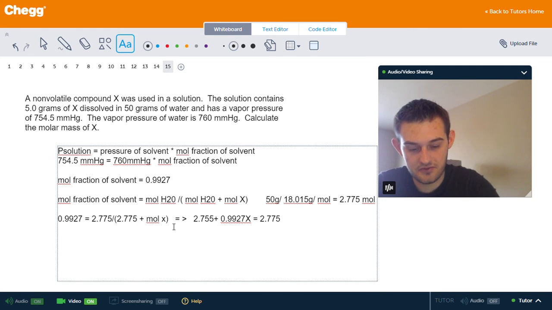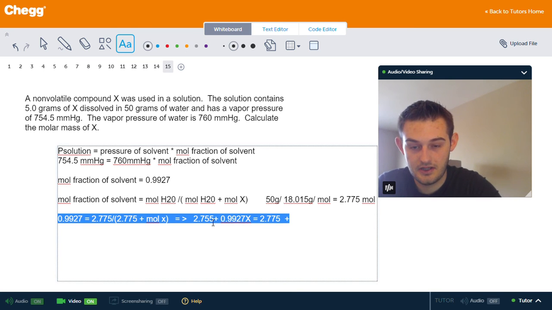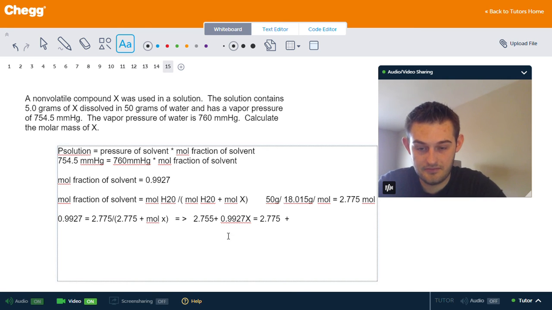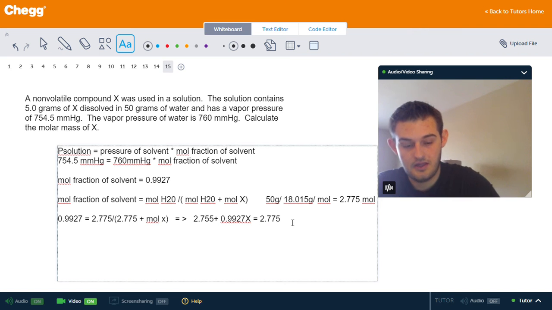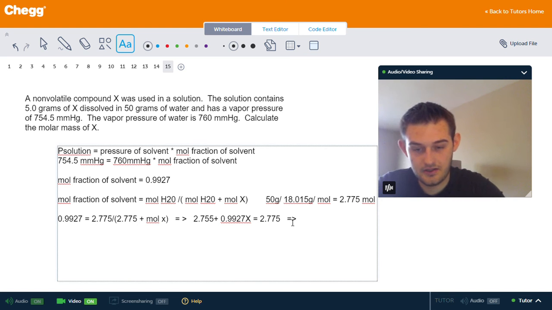I then subtract the 2.755 from the 2.775, and that will give me that 0.9927x is equal to that subtraction, which is a very small number.